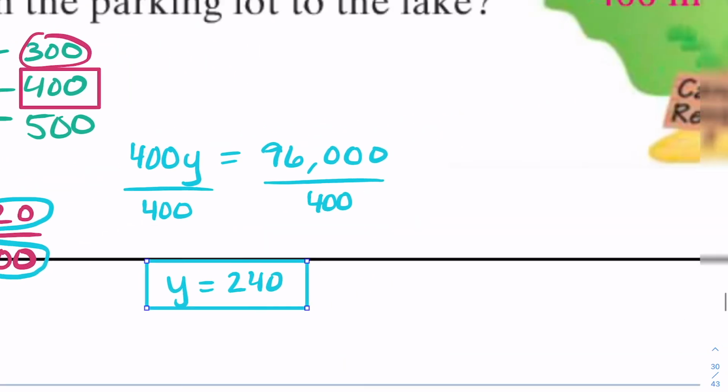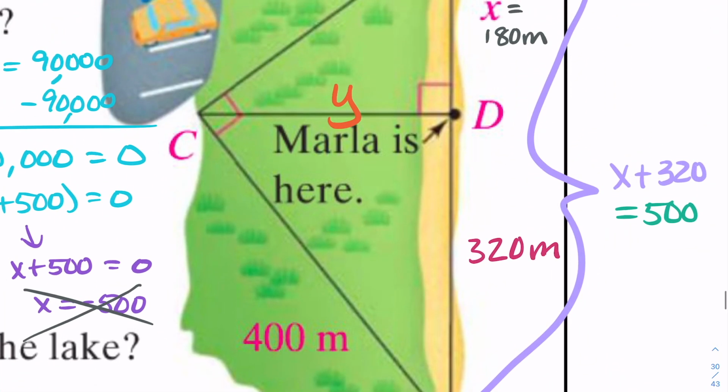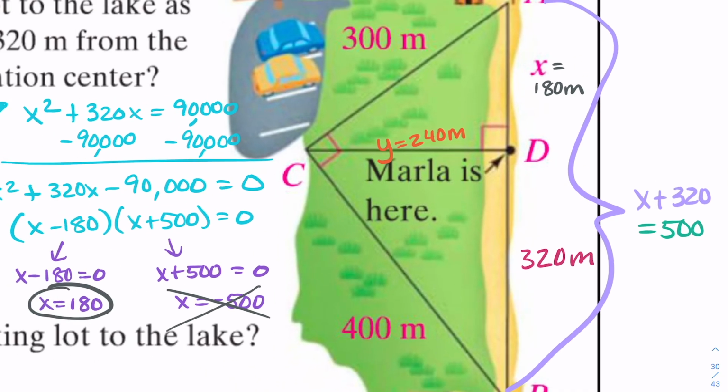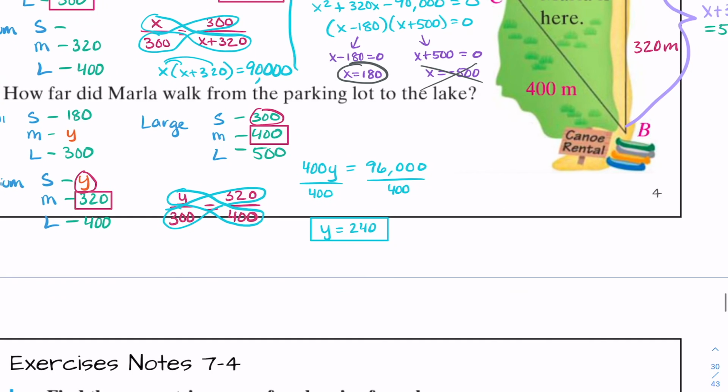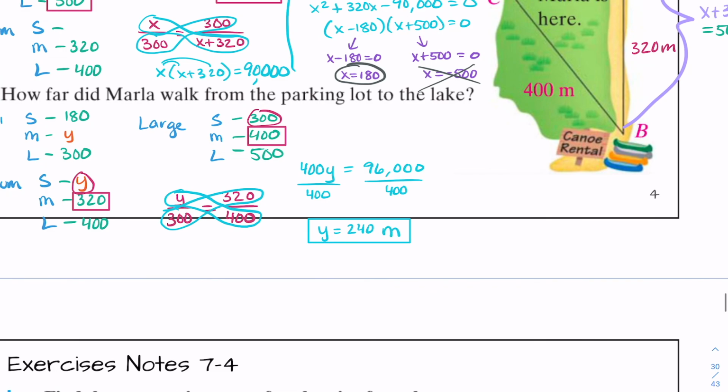Okay, so this is 240 meters. All right, so Marla walks 240 meters. All right, that's it.